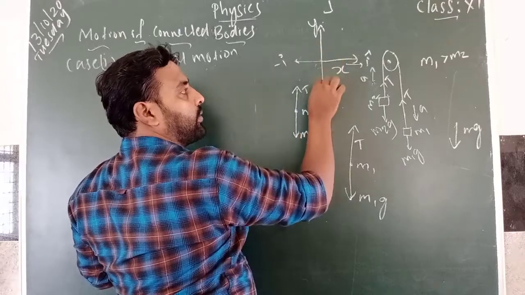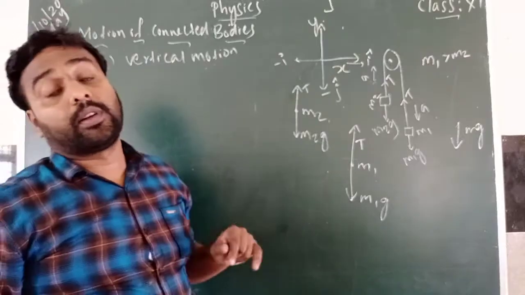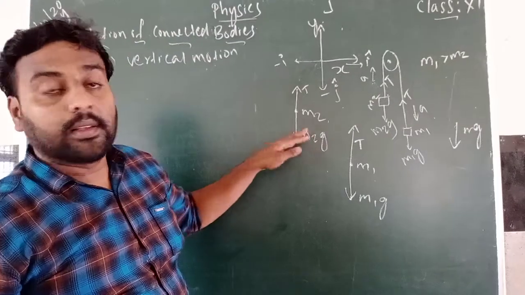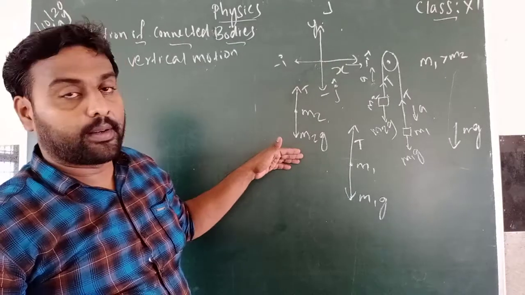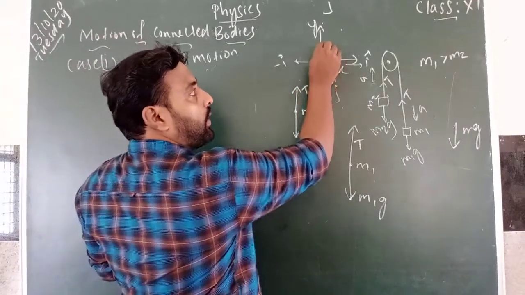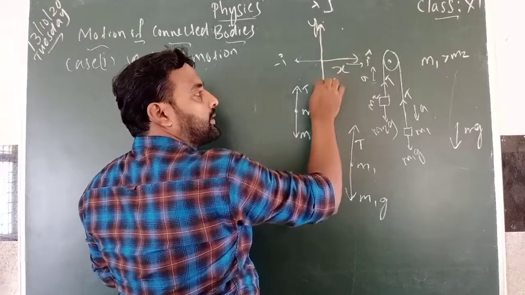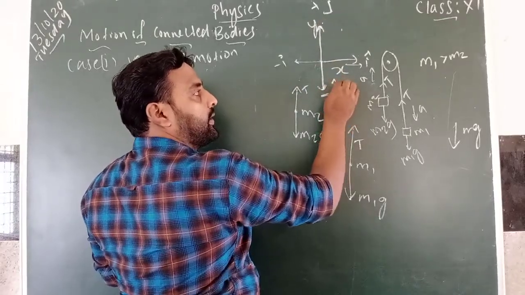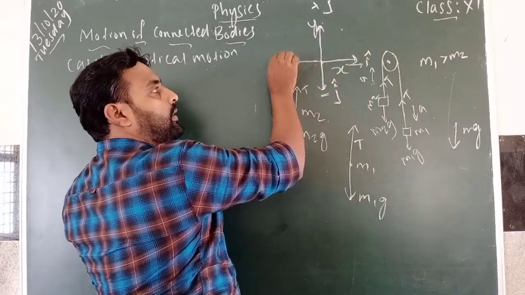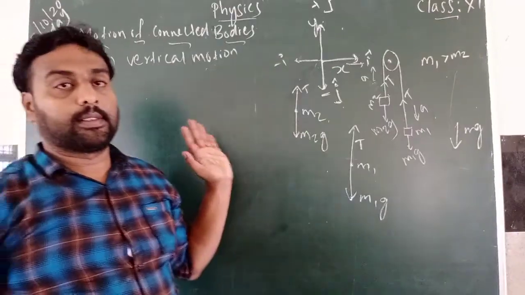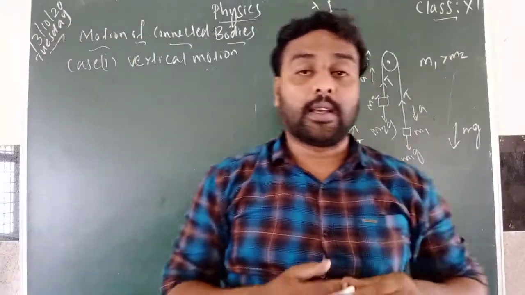This direction will be minus j. This unit vector is very important; we need it in this part. So remember: plus j, minus j, plus i, minus i. Remember these unit vectors.